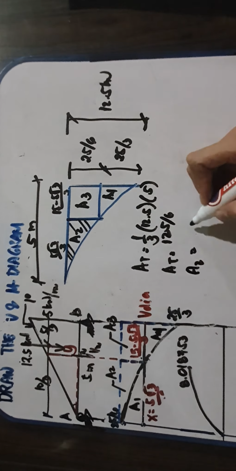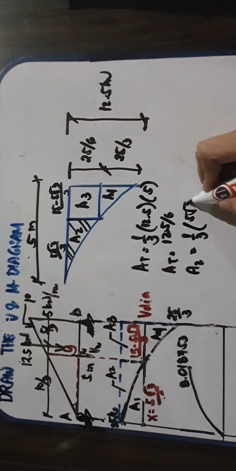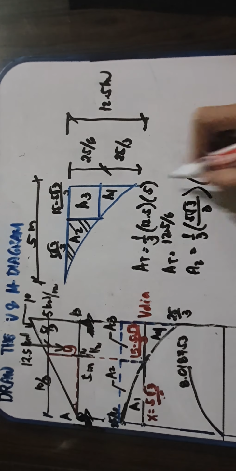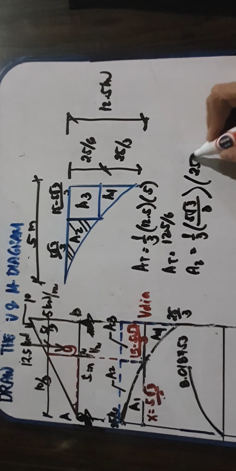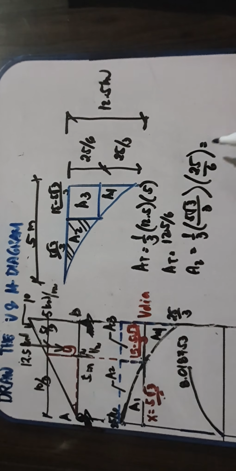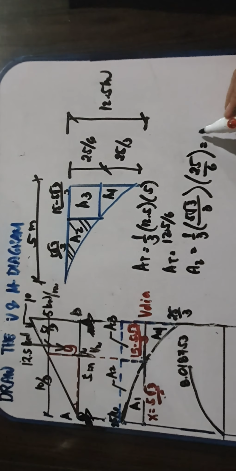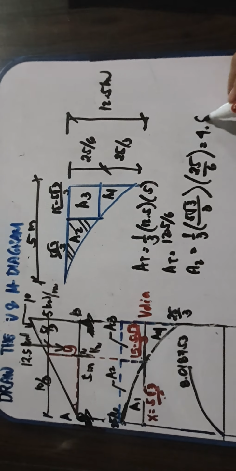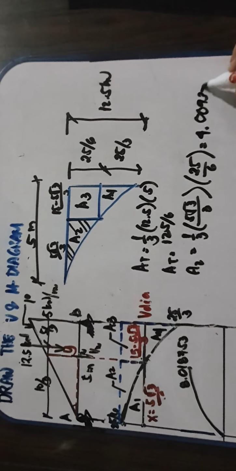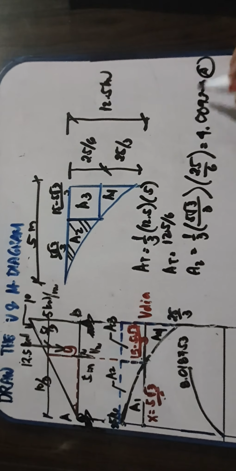So, we have area 2, 1/3 times, ano yung base niyan? Ito yung 5 square root of 3 all over 3. And then yung height, that is 25 all over 6. Okay, pag pinag-multiply mo yan, that is equivalent to your area 2, 4.0093. Paki-store na lang po kay A.